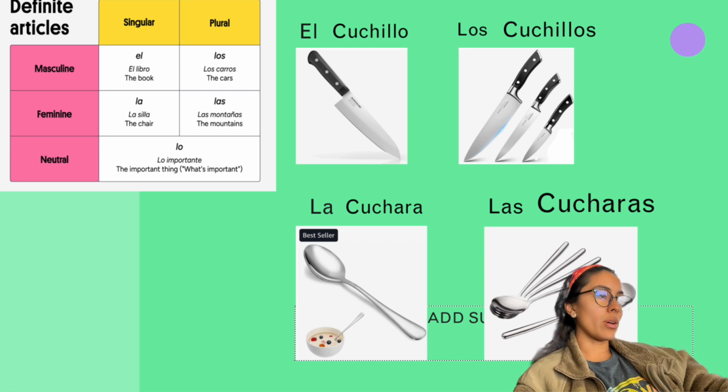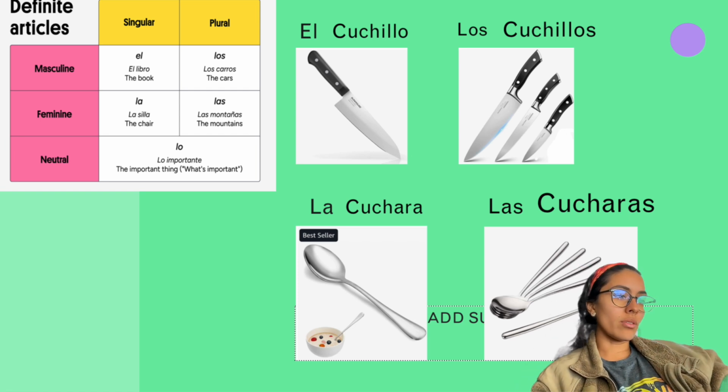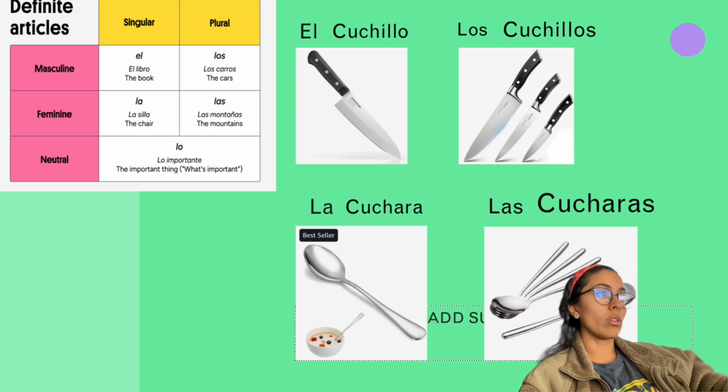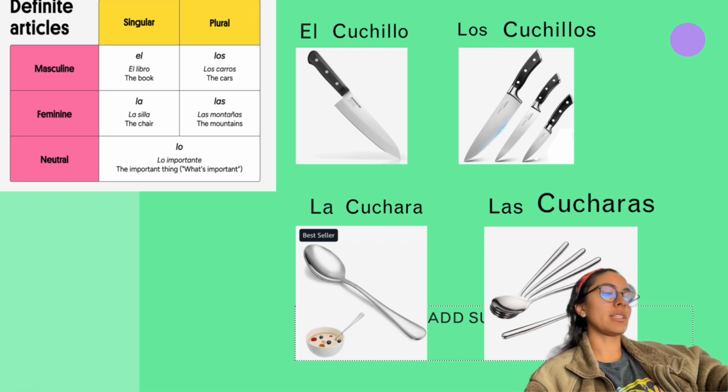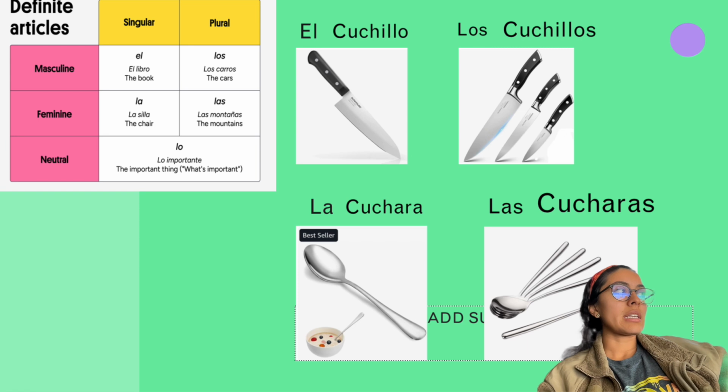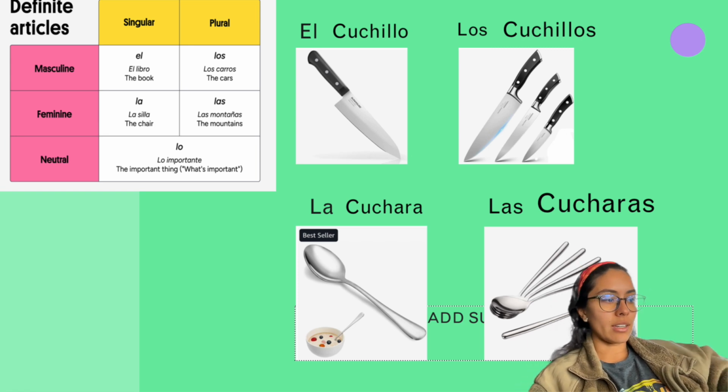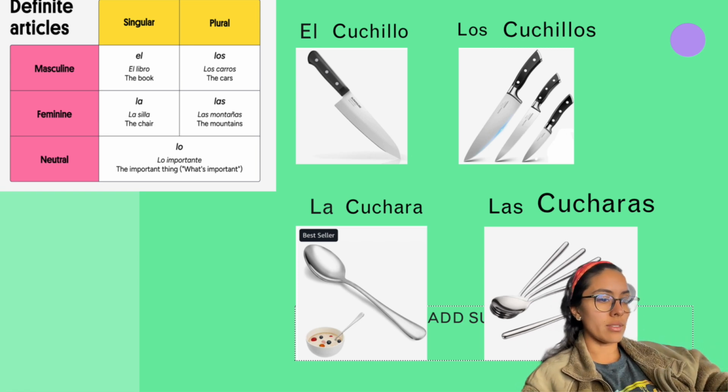And we saw some definite articles and indefinite articles that we use all the time. Every time you are speaking about anything, you will always need these ones. That's why we are learning them today.